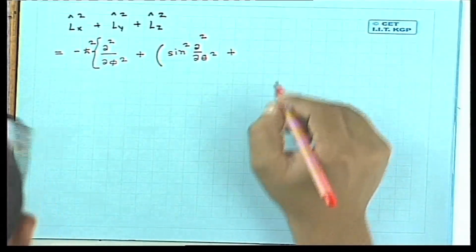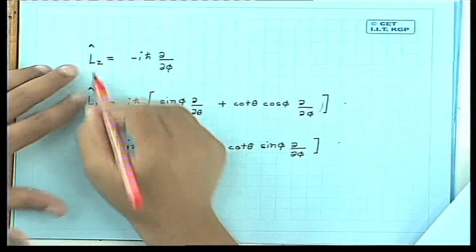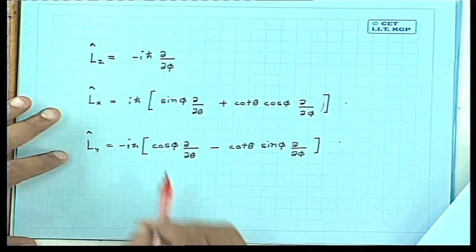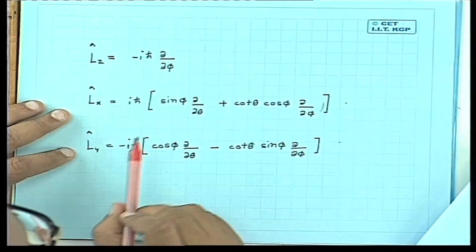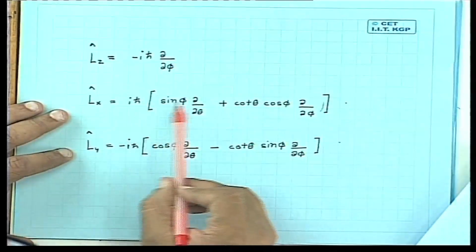Okay, let us write it down here. Let us work out each of these separately and then put it here. So, we are going to first work out Lz squared, which is very simple. We will next work out what is Lx squared. So, let us work this out.